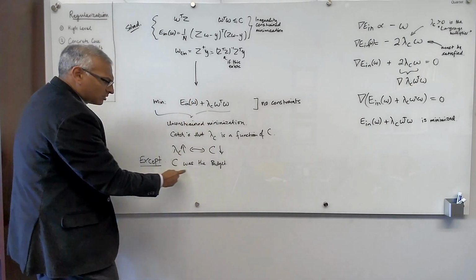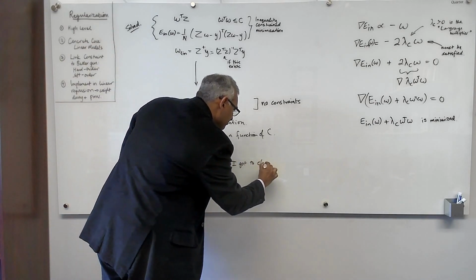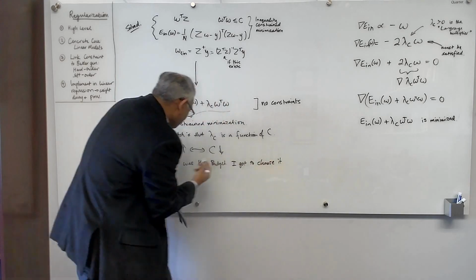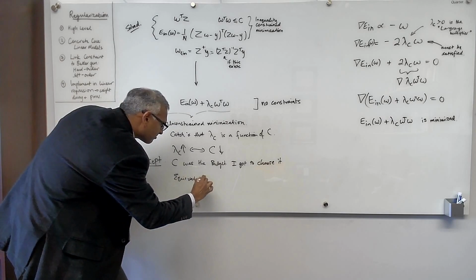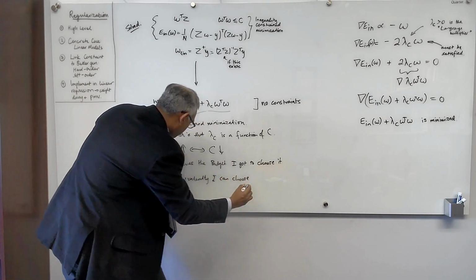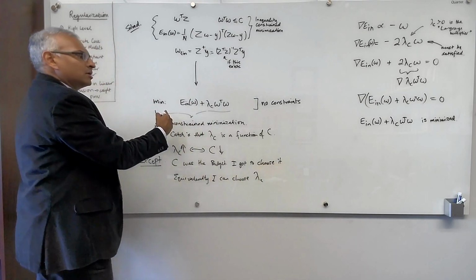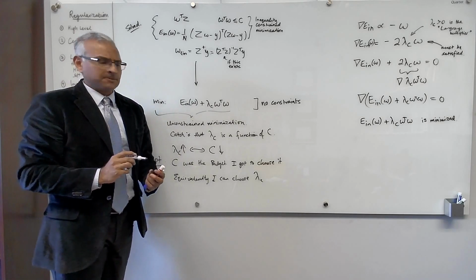Since C was the budget, I got to choose it. So I might as well equivalently choose lambda_C and do unconstrained penalized minimization.